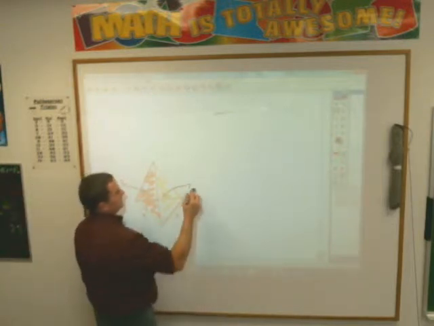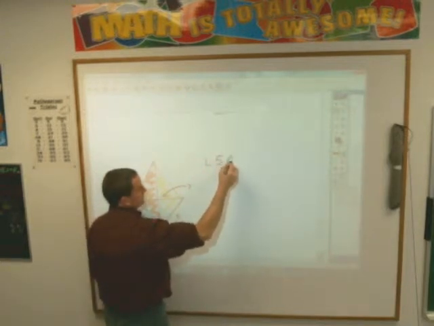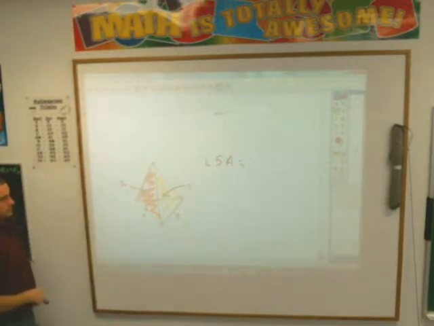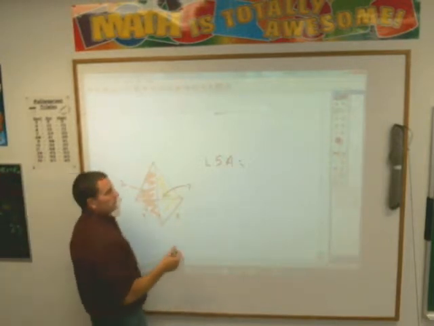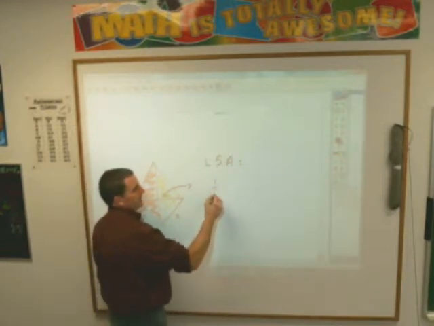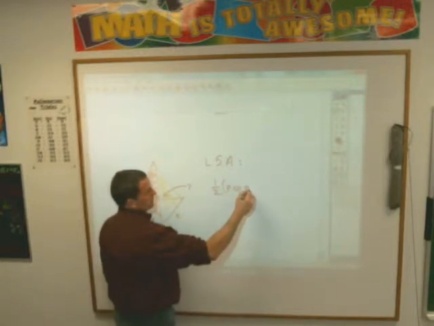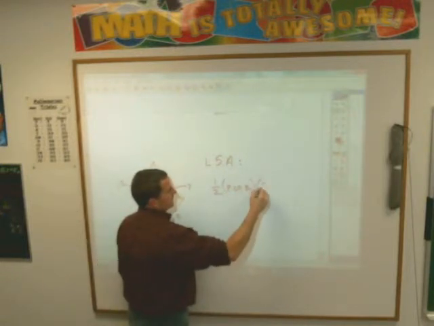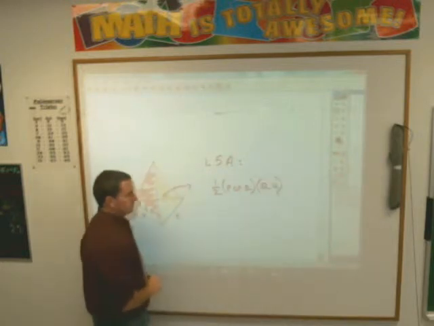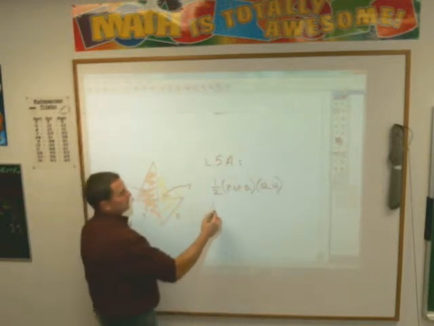And if I was asking you for the lateral surface area, first thing we do is write down our formula. LSA equals, what do we say? 1/2 the perimeter of the base times the slant height. So what is the perimeter of my base?